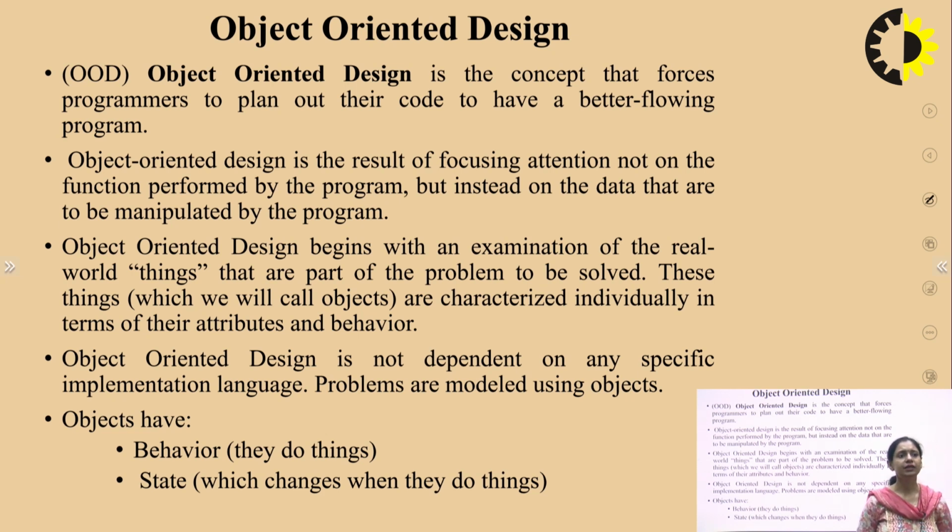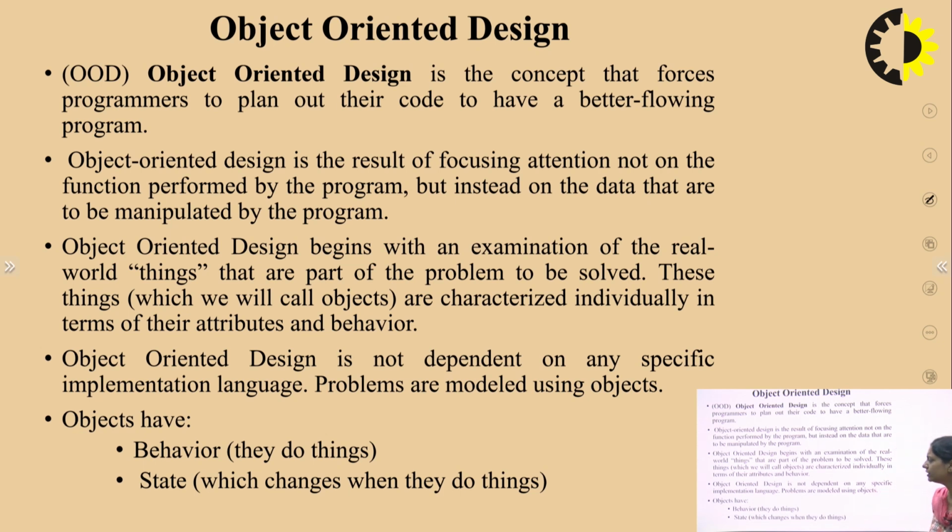Object-oriented design begins with the examination of the real world things that are part of the problem to be solved, and these things, which we call objects, are characterized individually in terms of their attributes and their behavior. Object-oriented design is not dependent on any specific implementation language. Here the problems are modeled using objects, and the objects have behavior and state.